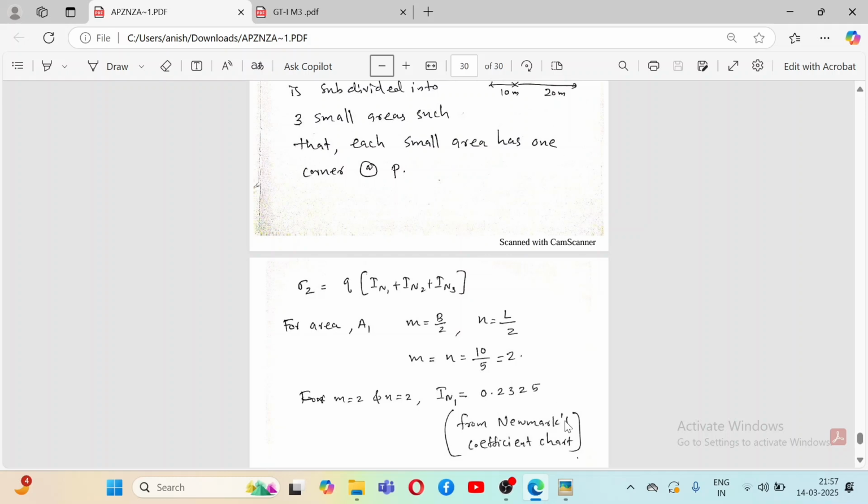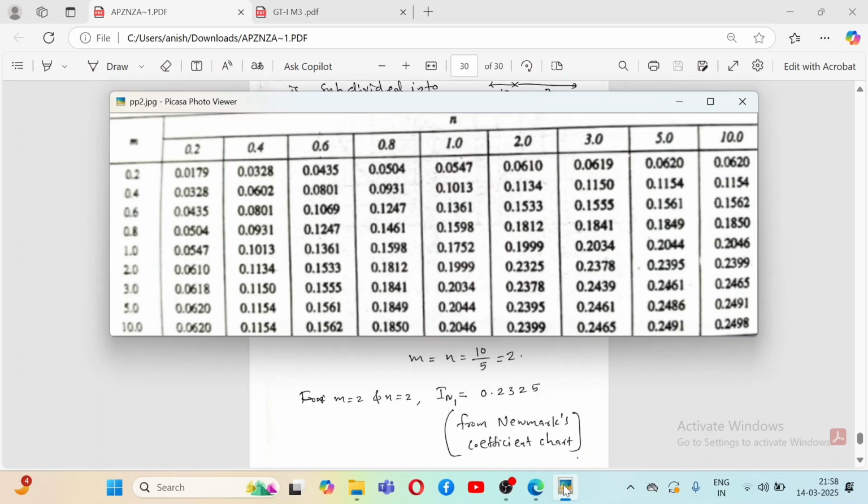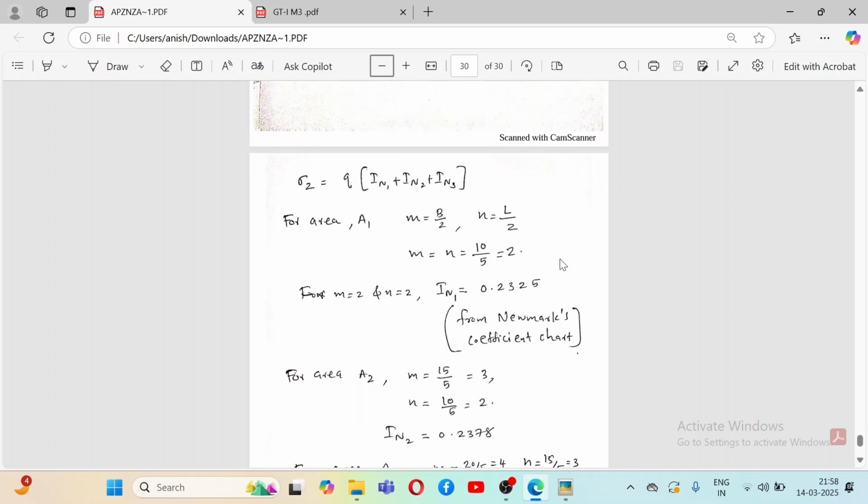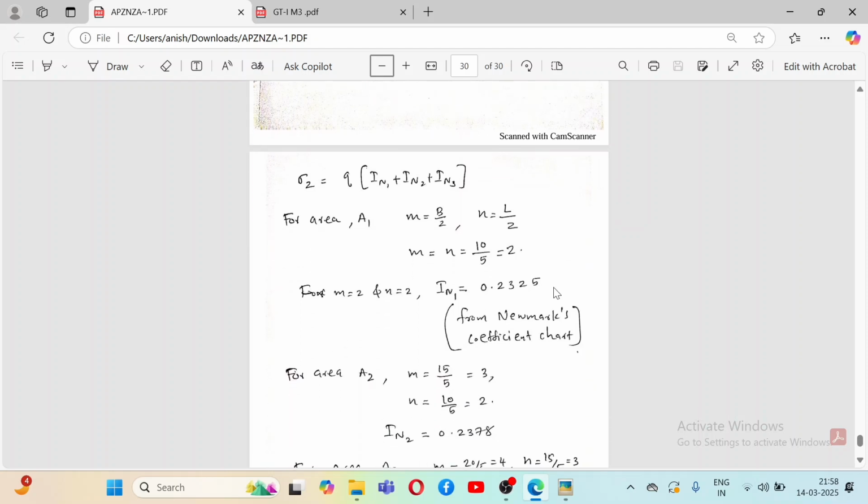So we take the Newmark's coefficient chart. Here M and N is 2. So corresponding M 2 corresponding to N 2, you get it as 0.2325. IN is given here, that is 0.2325 on the Newmark's coefficient chart.